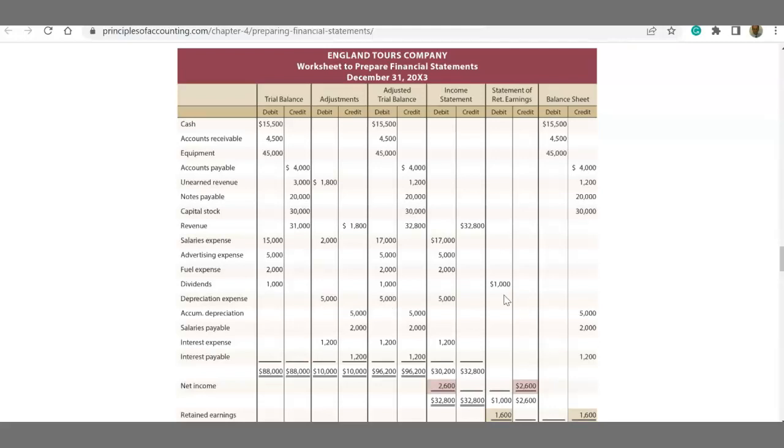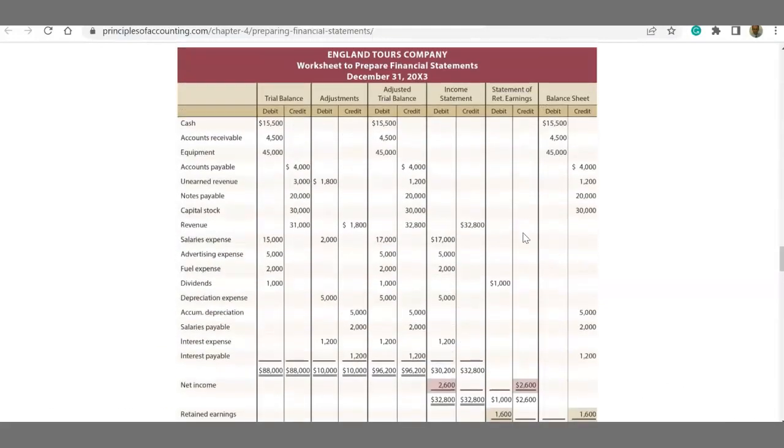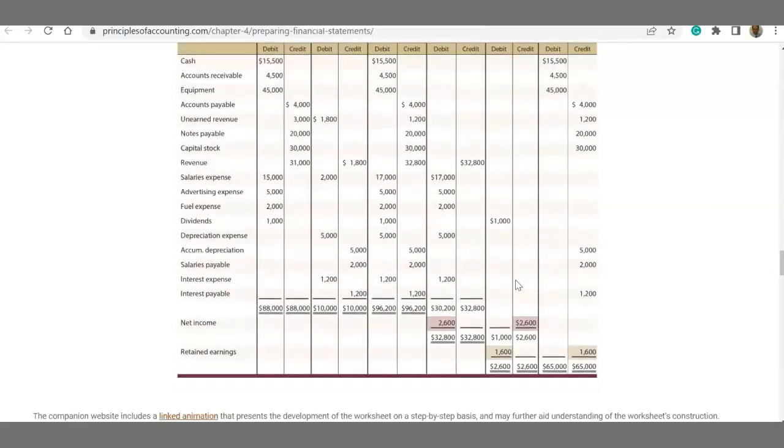Now, that $1,000, you see, that's why I didn't put it in my video because it's getting a little bit confusing for students. So the $1,000 will stay there and comes at the bottom, and then you transfer the net income in here to the credit side of this column, which is nothing in here, just transfer the net income here.